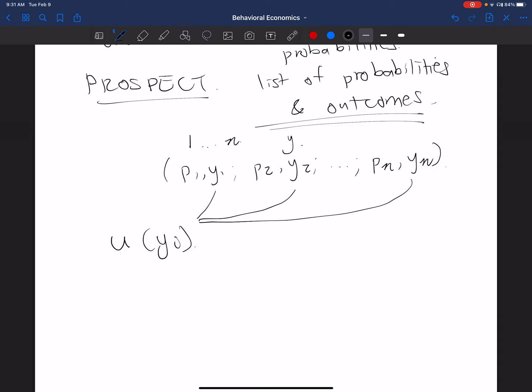So our utility of yi. I would have the utility of outcome y1, the utility of outcome y2, and so on until the utility of outcome yn. Each of these is a utility of a different outcome. So it's not just the thing itself, it's the utility that we derive from that thing.